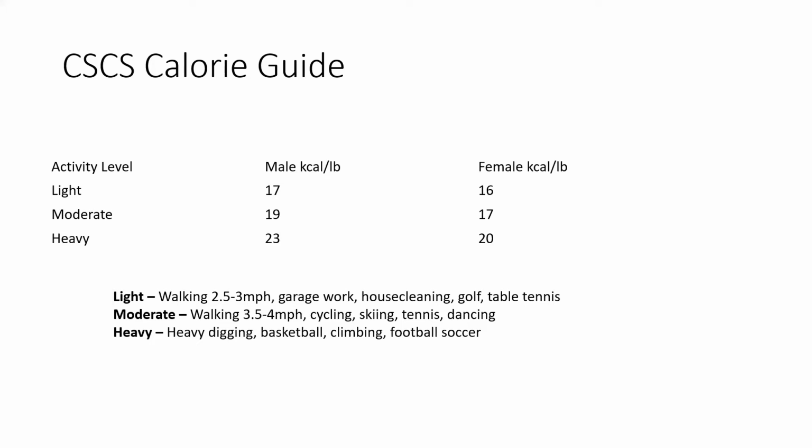So a 200-pound athlete should be consuming over 4,000 calories if they're performing heavy activity. So do the math. Heavy would be most of our major sports that have an endurance component. Training would fall most often into the moderate category up to heavy, depending on the type of training.